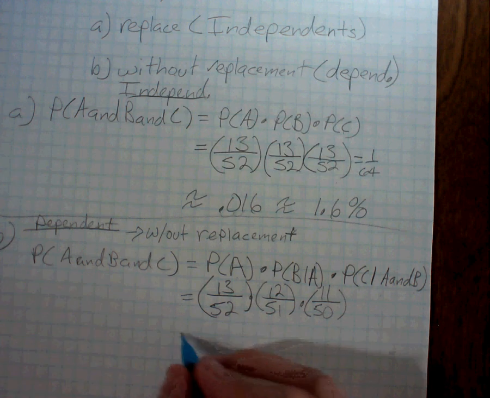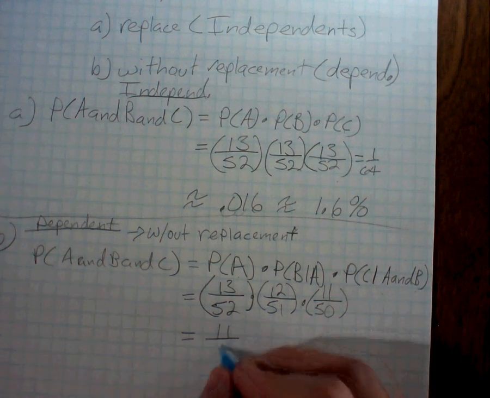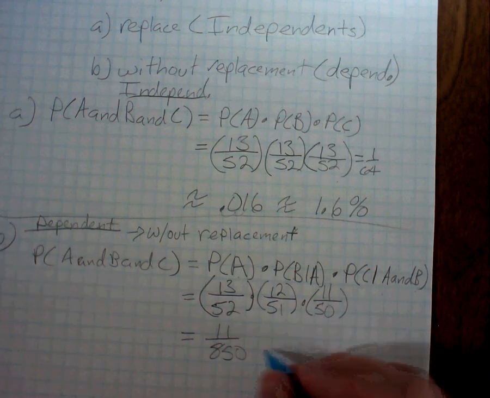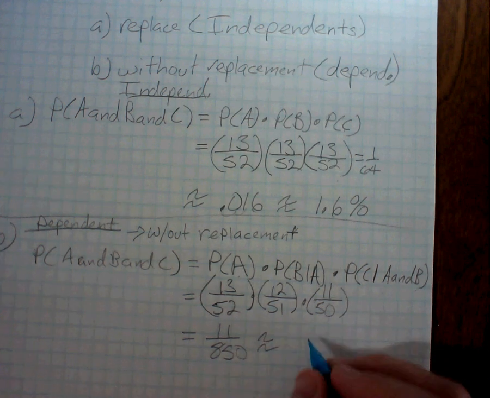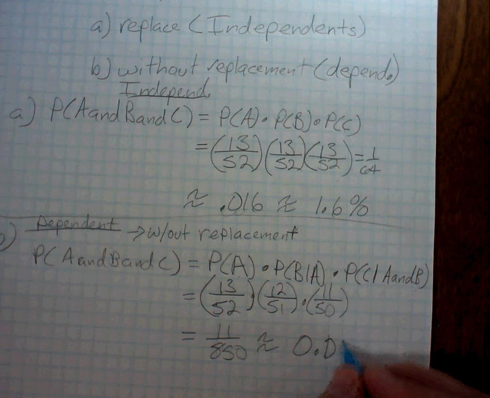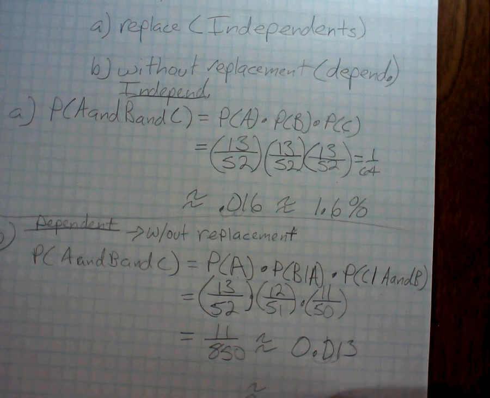So now when I multiply this out, I'm going to get 11 over 850. It reduces down to approximately 0.013. If I move the decimal over 2 places, it's approximately 1.3%.